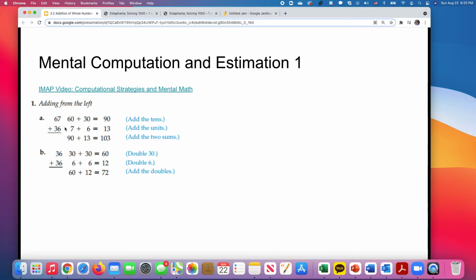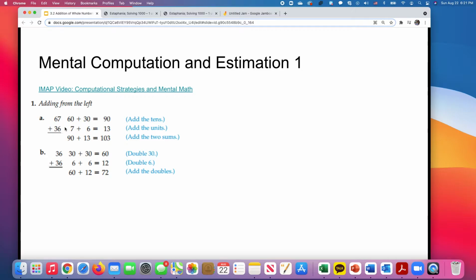Even if you are not given the money and I say, oh, you already had $245 and I'm giving you $107. How much do you have? You can mentally think that, oh, I had 245 and I got 107, so I'm gonna add 100 first, and I have $345 and 7 more, so I have $352, something like that.